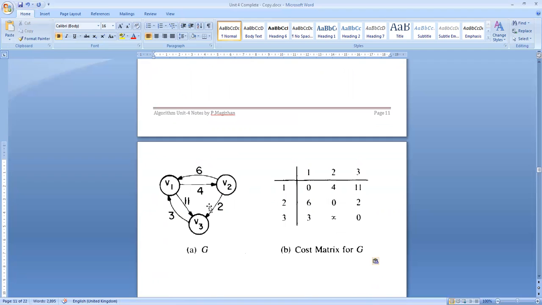See, this is the graph in which we have to find the shortest path between the given three vertices.